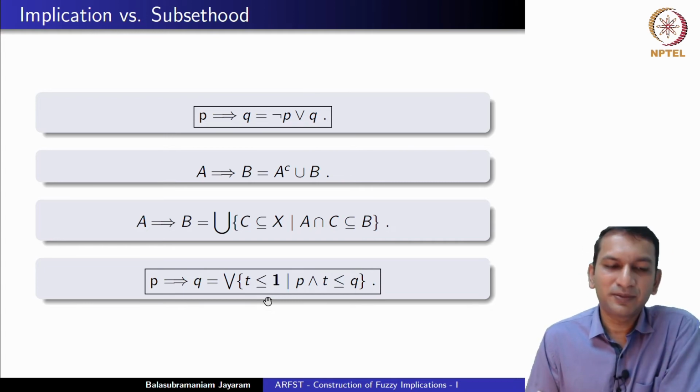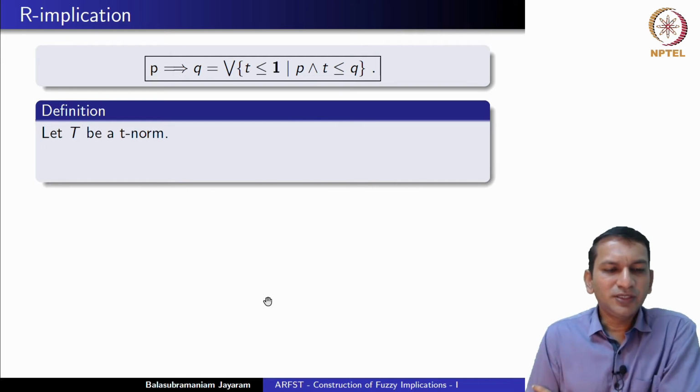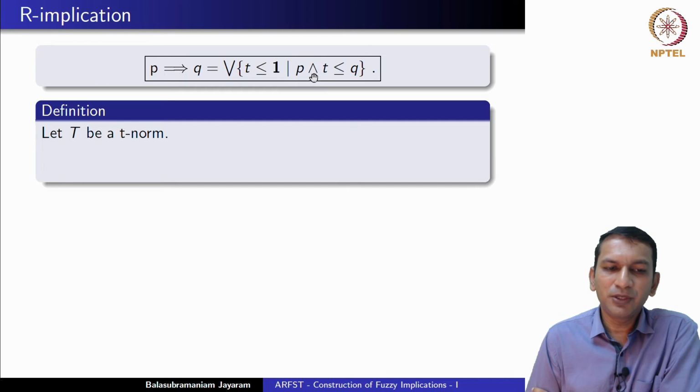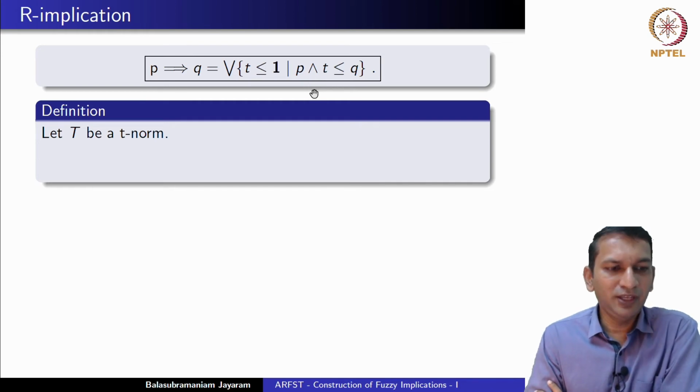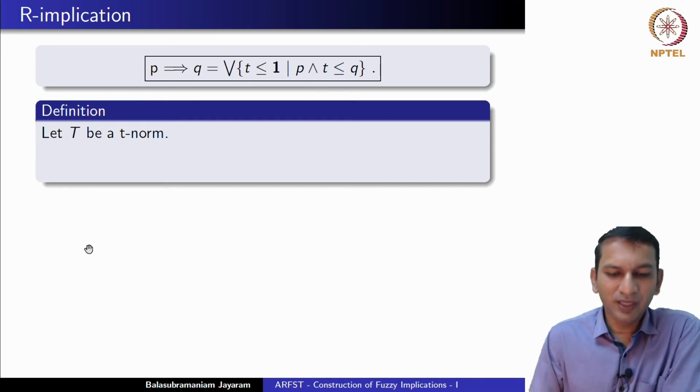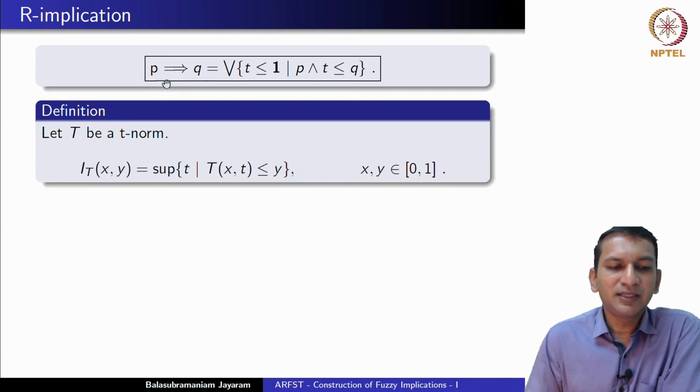Well, let's look ahead. So now this is the formula that we want, and the only operation that we seem to be using is that of a meet, which we know can be captured quite nicely in terms of T norms. So let's begin with the T norm T and translate this formula as follows. Supremum over all those t element of 0, 1 such that T of x comma t is less than or equal to y.